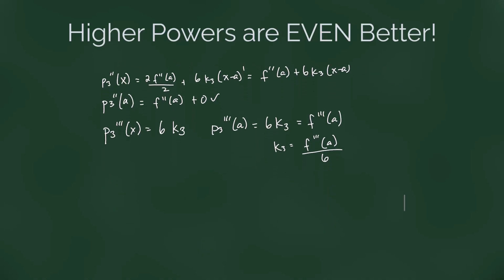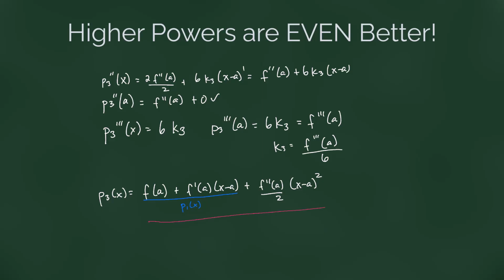So now we see that p3 of x is f of a plus f prime of a times x minus a. Remember that this piece is p1 of x, plus f double prime of a over 2 times x minus a squared.